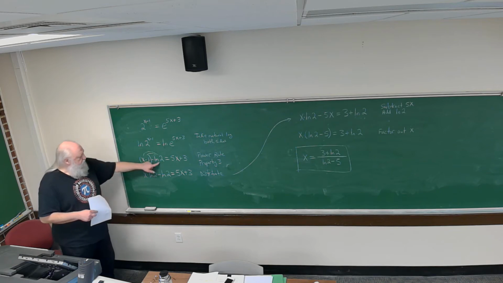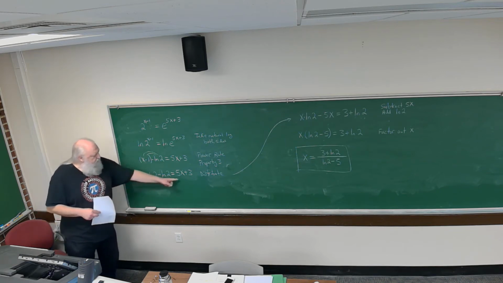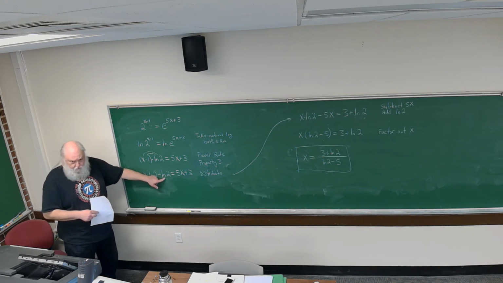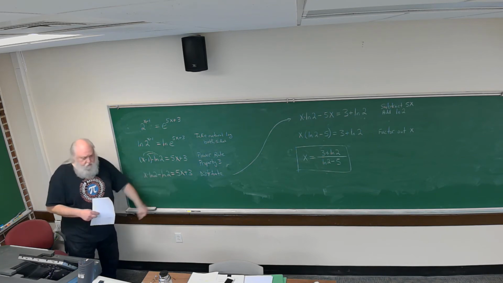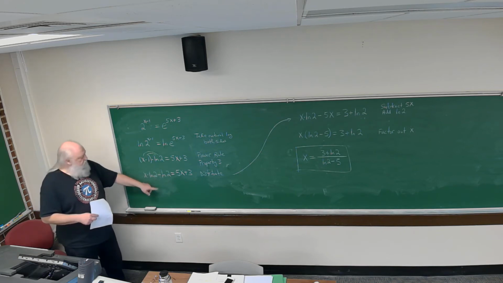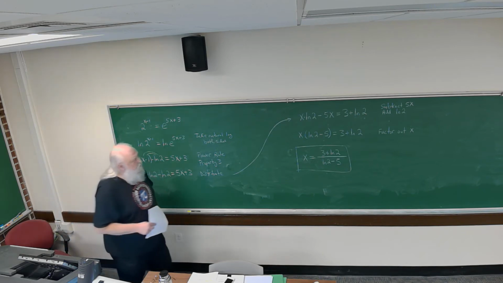Now I want to get the term with x in it on the right-hand side to the left-hand side, and I want to move this real number, minus natural log of 2, to the right-hand side. So I'm going to subtract 5x from both sides, and I'm going to add the natural log of 2 to both sides.